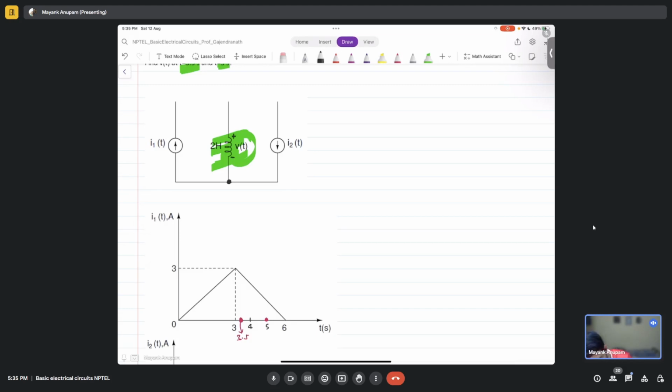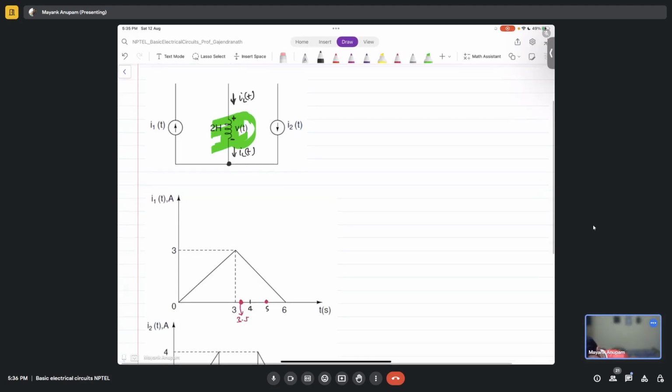Let's follow passive sign convention here. So current, let's assume this to be the positive current. Let's call it IL of t, L means inductor. So tell me, what will the KCL equation look like at this node?